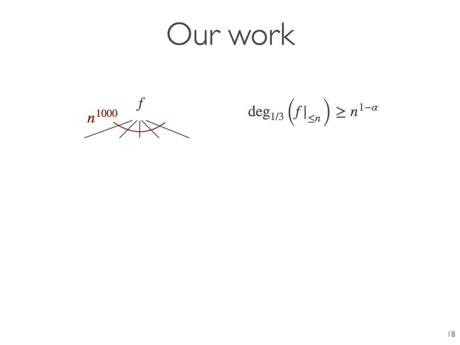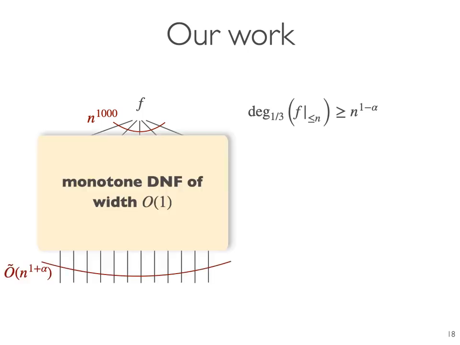What this basically means is that f formally has n to the 1000 bits, but it is defined only if the Hamming weight is at most n. We compose f with a carefully designed DNF formula of constant width, which has roughly n to the 1 plus alpha input bits. Let capital F denote the resulting composition.